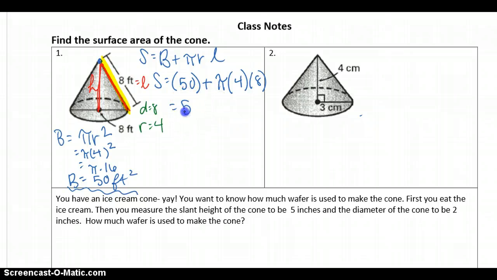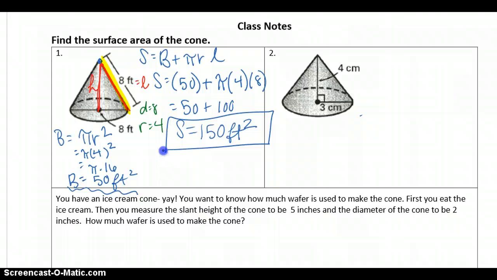So, we're going to have 50 plus pi times 4 times 8, which gives us approximately 100 if we round. So, when we add these together, our total surface area will be 150 feet squared. Questions on number 1?